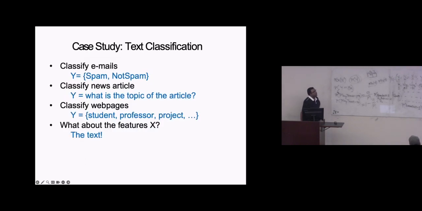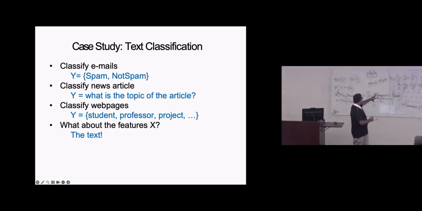Okay. So text classification, we could do many interesting things with this kind of naive Bayes classifiers. We could classify emails, like whether it's spam or not. If I give you a training data set with different emails and your labels, yes, no, for spam, then you could create, over the entire vocabulary of words, the distribution of individual words when it is spam versus the distribution of individual words when it's not spam.